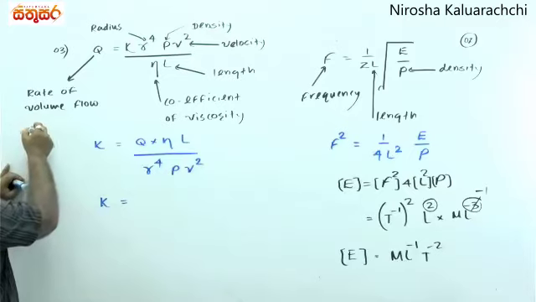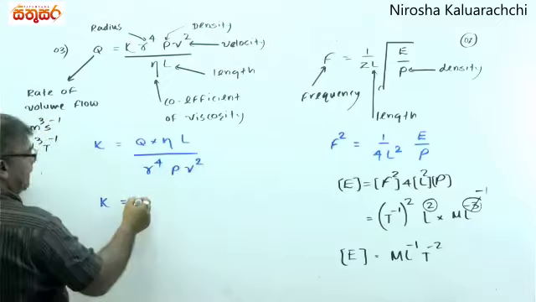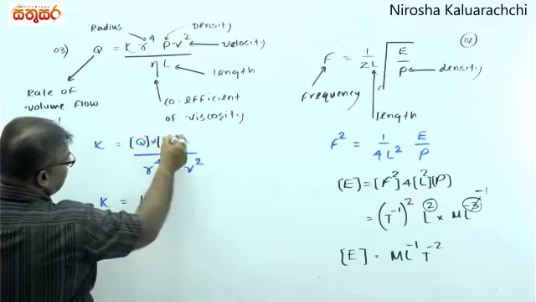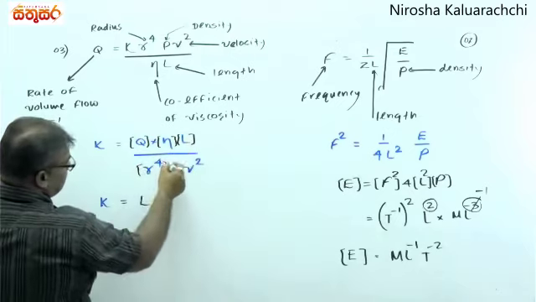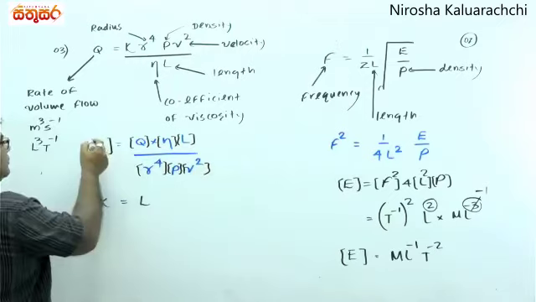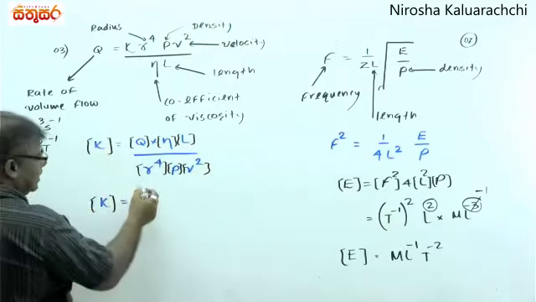Unit of this one, cubic meter per second. Dimensions, L3 T minus 1. Apply the square bracket before writing the dimension. Then we need to find K, no? Put the square bracket for K, then the others.